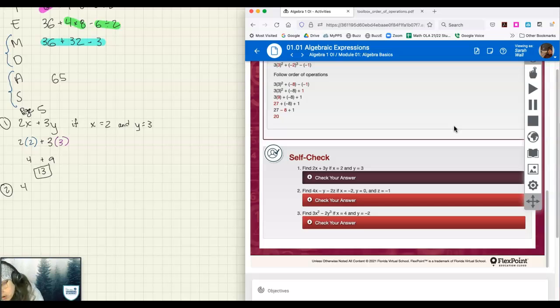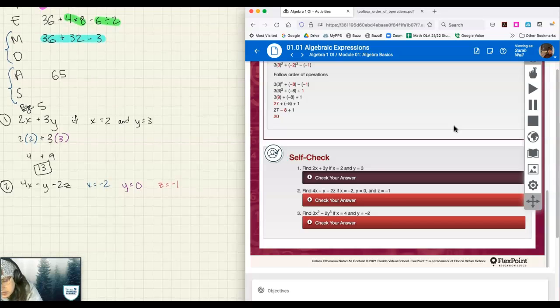Okay, so 4x minus y minus 2z when, look at that, I'm going to remember this time, x equals -2, y equals 0, and z equals -1. So same thing, right? Substitution.